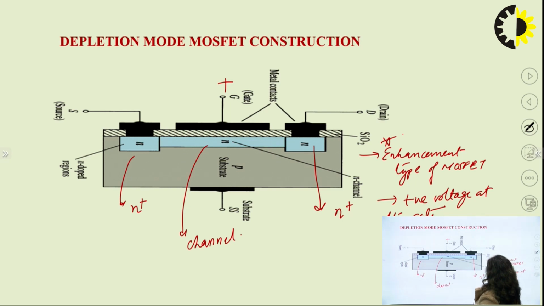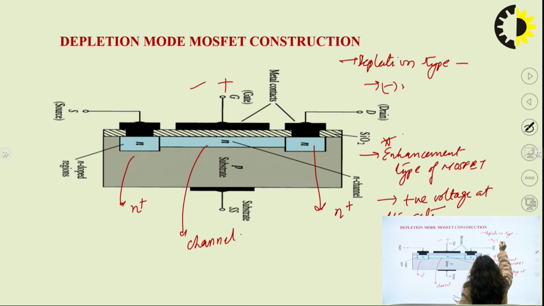Second, if we apply a negative voltage at the gate, the electrons will get repelled from the negative voltage and a depletion type of MOSFET is created. So for the depletion type, we have to apply a negative voltage.